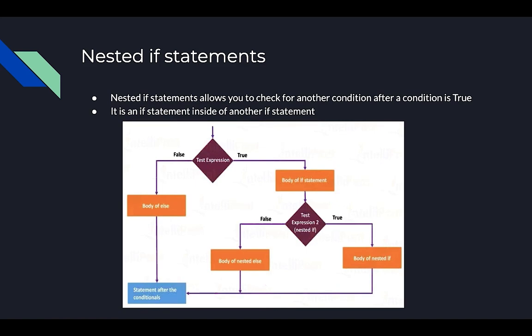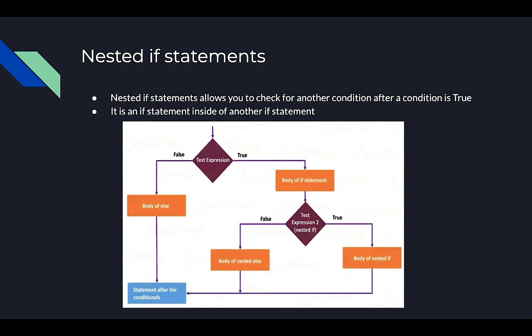And so our next topic is nested if statements. It's a bit different than elif statements. Nested if statements allow you to check for another condition after a previous condition was evaluated as true. So it's basically an if statement inside an if statement. If you look at this graph here, you have an if statement at the start that evaluates true.